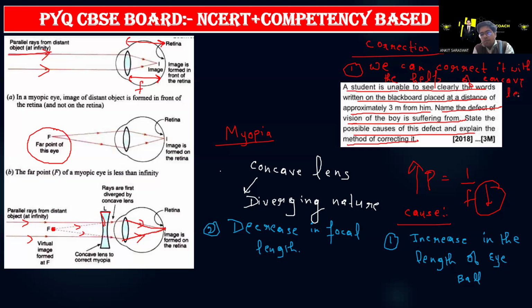Clear? So I hope this doubt is clear, because you have to write in a proper way. Draw all these diagrams, okay? Then after this you can write in short. Then it is sufficient.